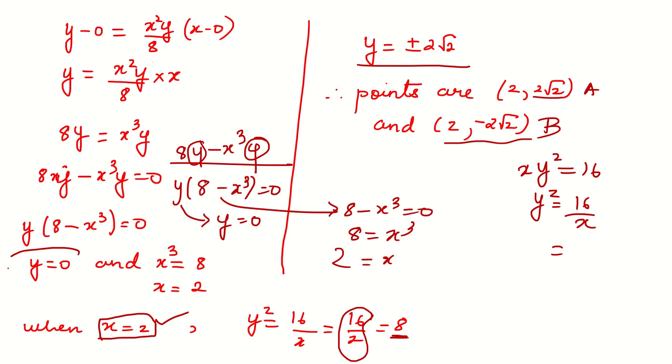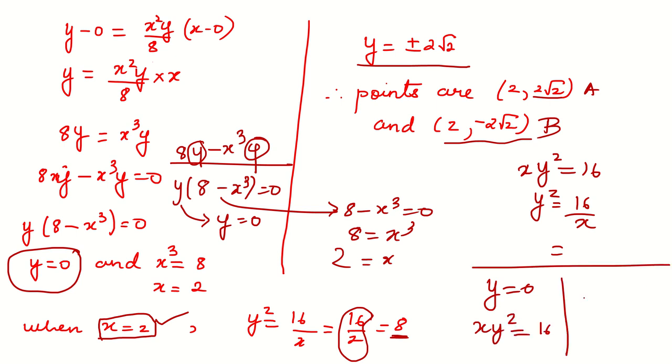Why didn't we use this? You will say, suppose I use this y is equal to 0 and put it in this equation. So let me do that. y is 0, x into 0 is equal to 16. I want to find the value of x.